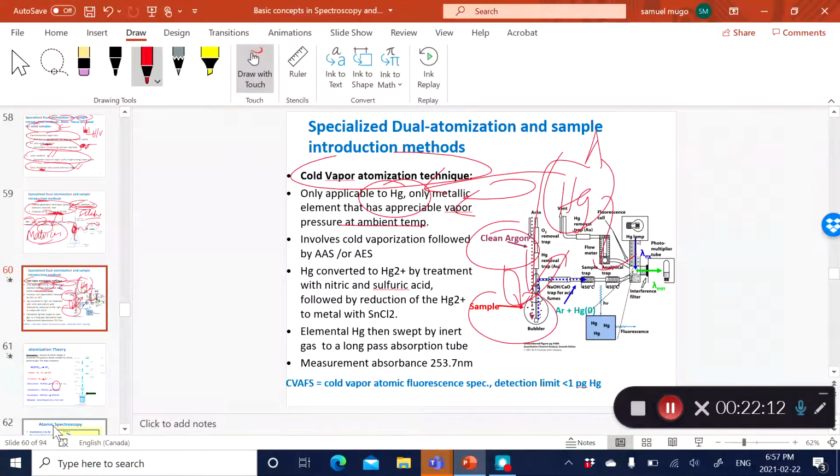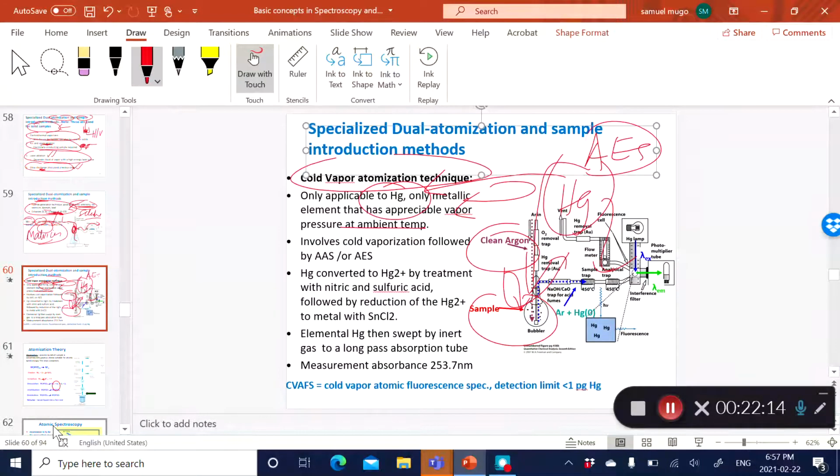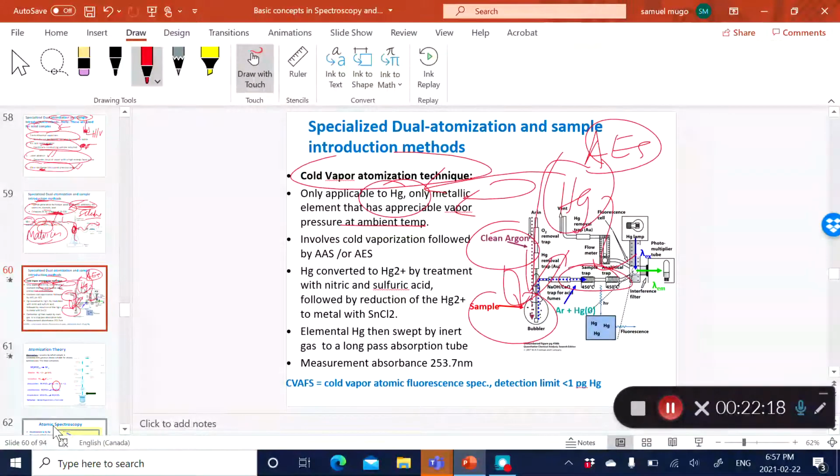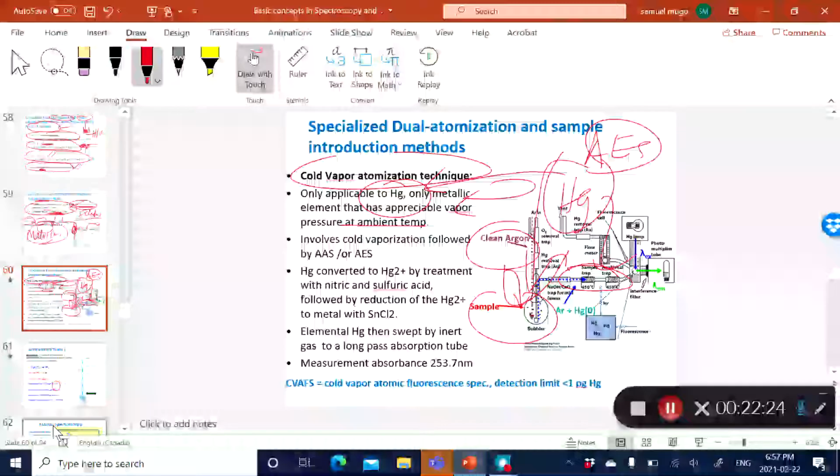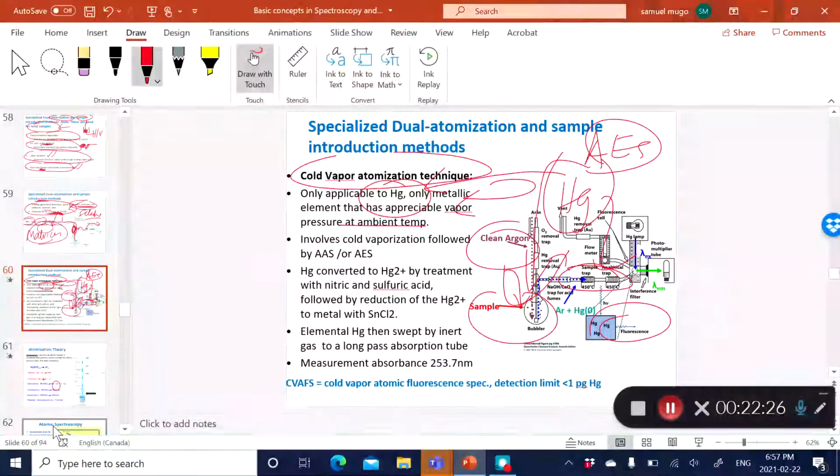Of course, if you're dealing with an atomic emission spectrometer, you need to heat up the system so that the mercury vapor gets excited and it relaxes to give you fluorescence, okay? And so you can see it's a very, very specific technique to mercury.